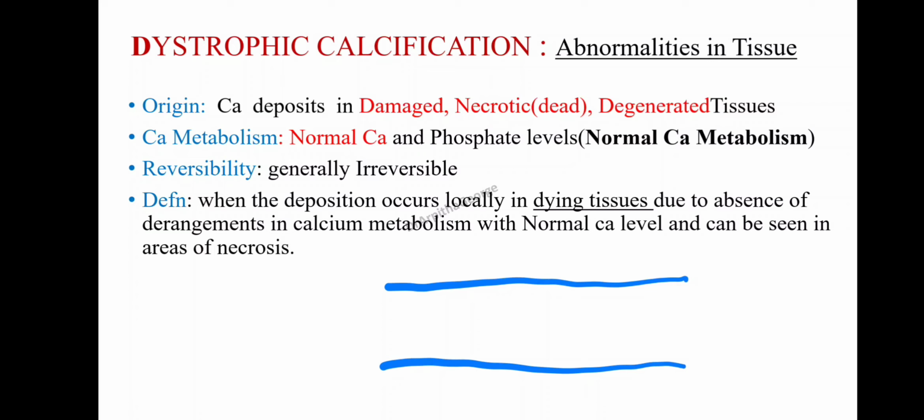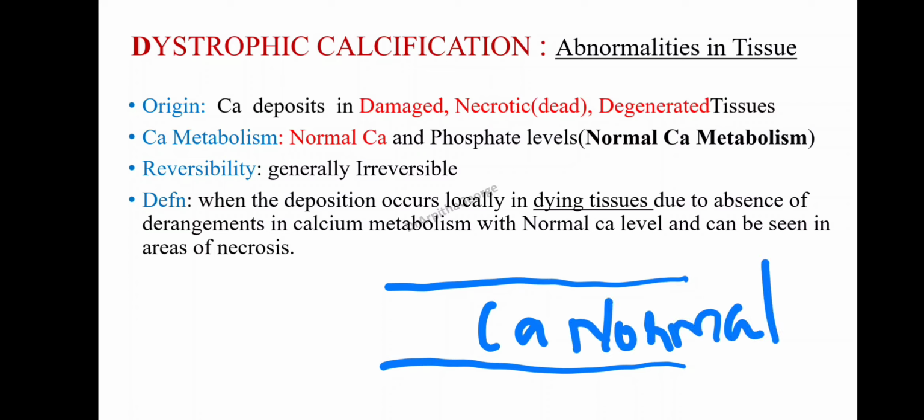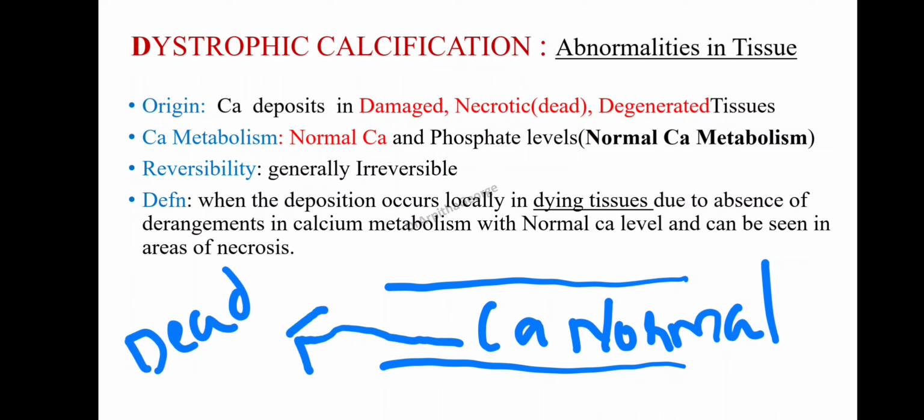So in dystrophic calcification the calcium level is normal, and where will this calcium go? It will deposit in the dead tissue, isn't it? Dead tissue.